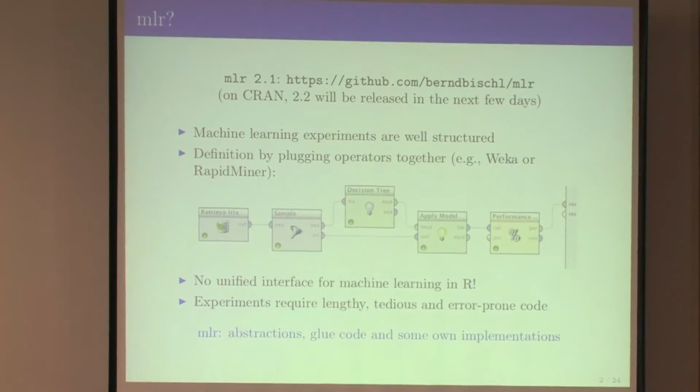Where you combine and plug in different of these steps together, and you can end up in the end with something like this here, which I think we copied from the RapidMiner tool. We don't really like to do this type of visual programming, but you can do the same by writing small expressive R programs, and I will show you how this works hopefully in a few slides.